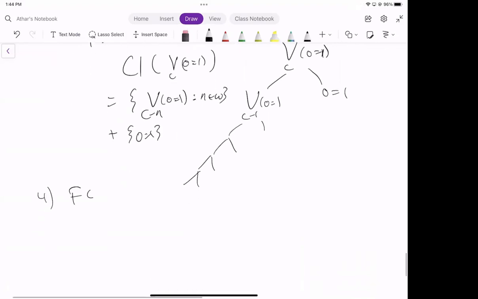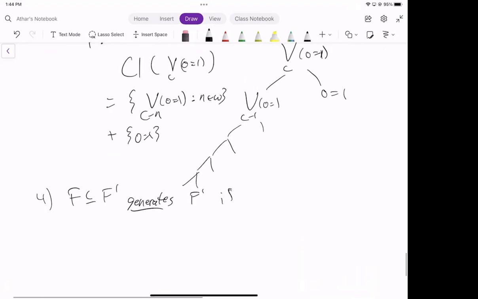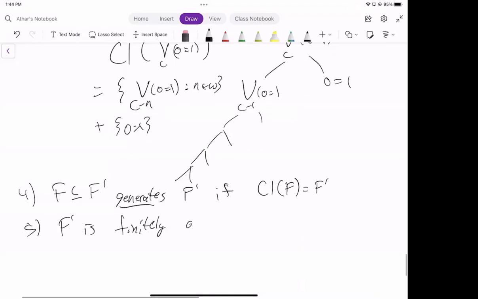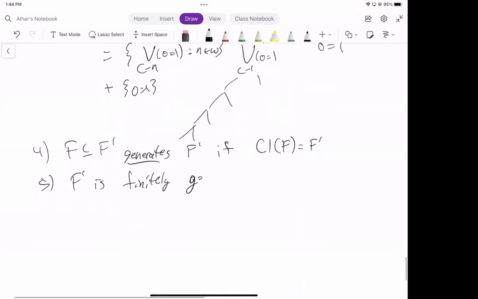And then F, a subset of F prime, generates F prime if the closure of F is F prime. And then F prime is finitely generated if it's generated by a finite set.